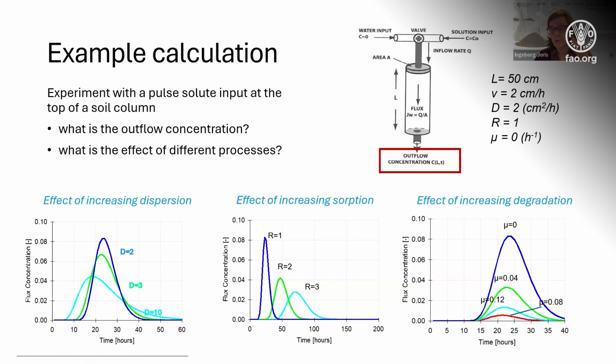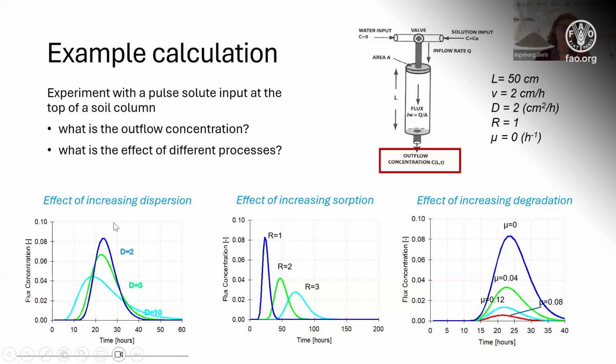The velocity of the water is 2 centimeters per hour. There is an effective dispersion coefficient of 2 square centimeters per hour. Retardation is 1. This means that your solute just moves with the water and there is no degradation. With these numbers, you get the dark blue curve, for example, here.